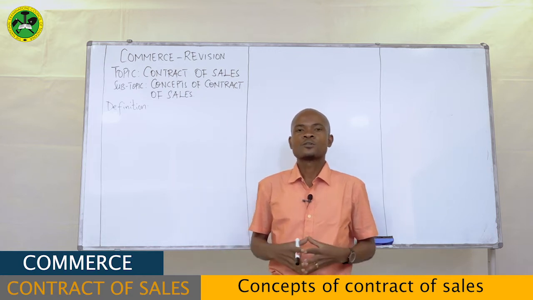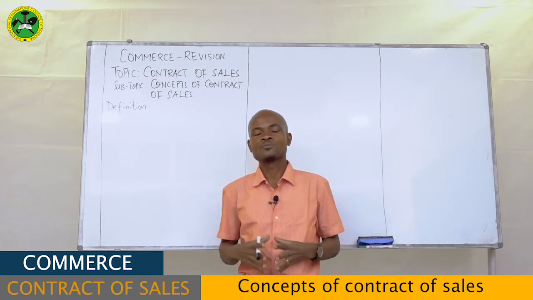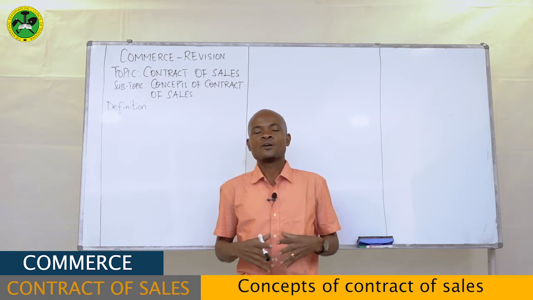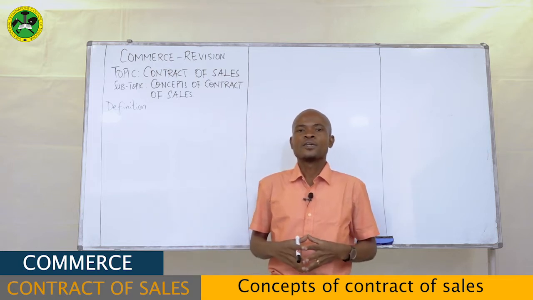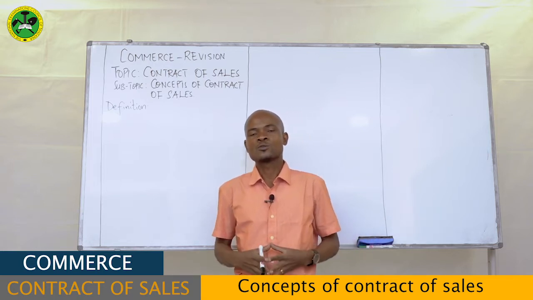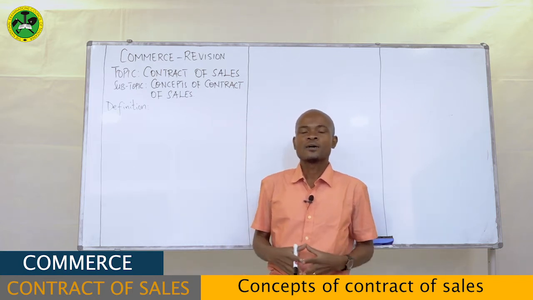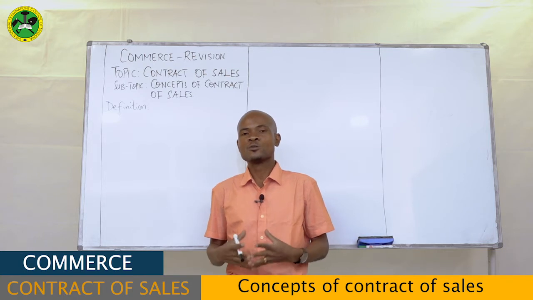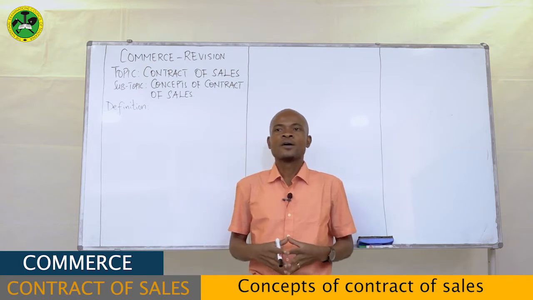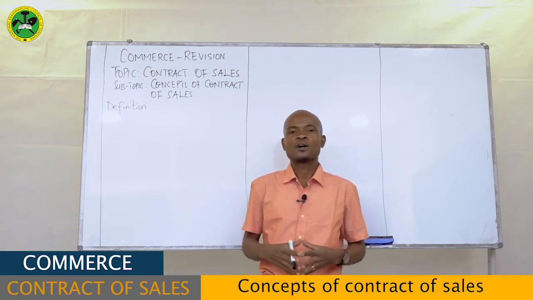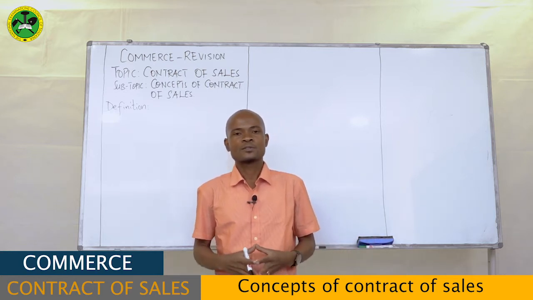Those terms, we call them terms of stipulation. After agreeing, they will start to execute the contract, whereby the seller will have to deliver the goods to the buyer, and the buyer will have to pay the price.